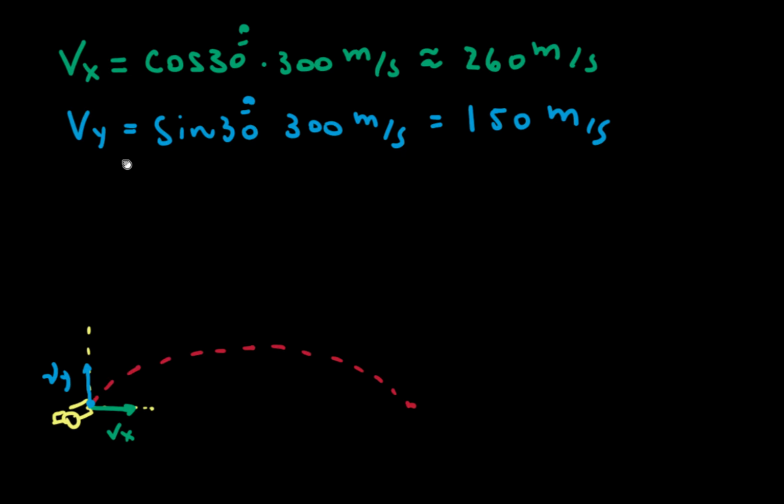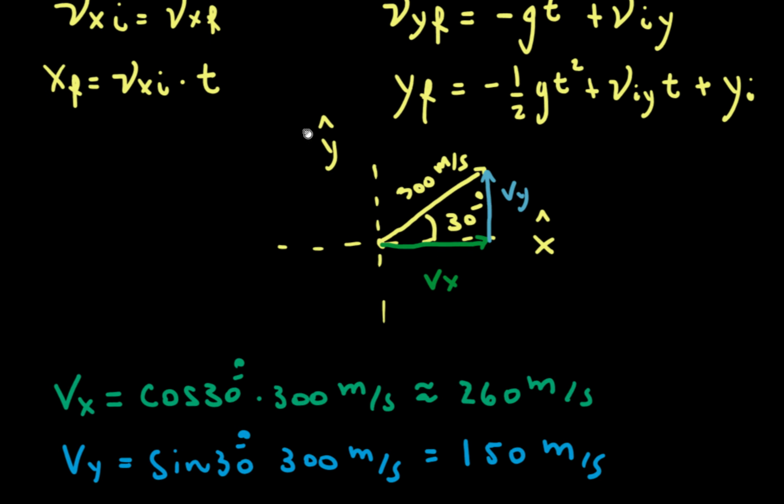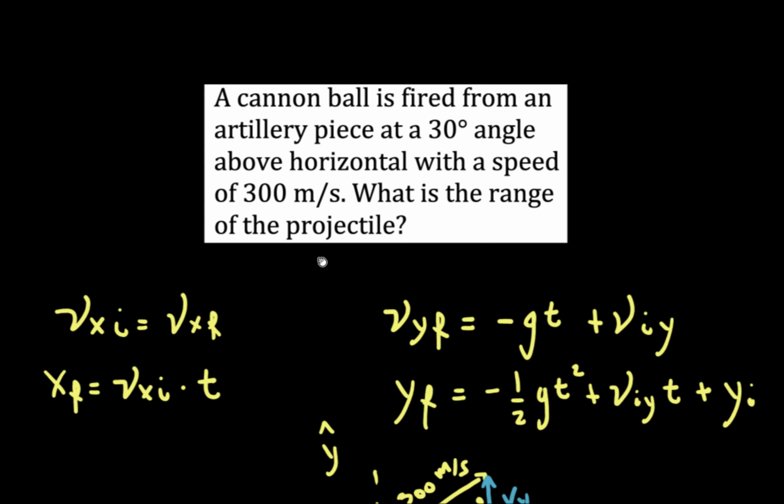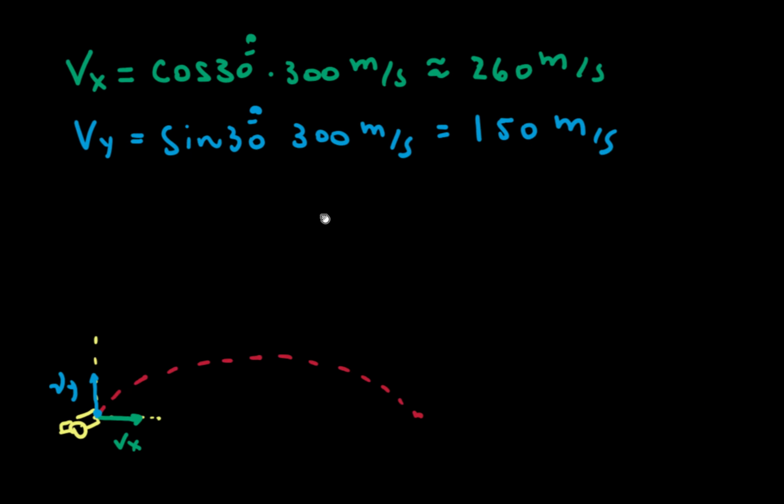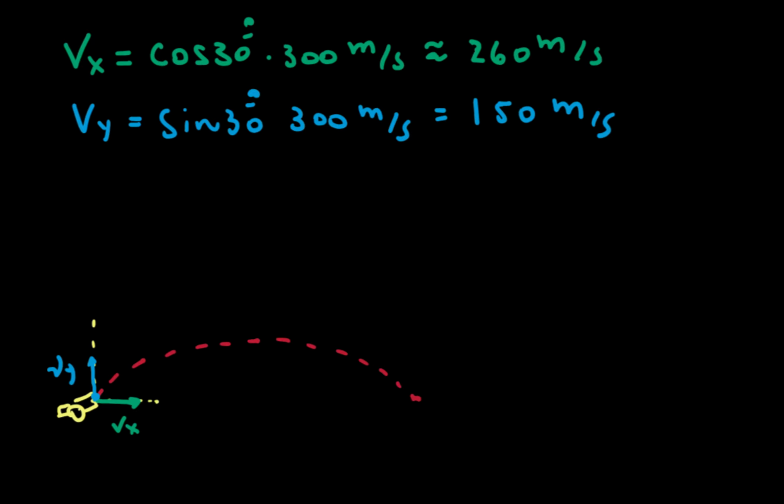Now we want to figure out what is the range of this projectile. Just so that you remember, I briefly mentioned what I meant by range. Let's assume the height of the projectile is negligible, but the range is basically the x position when this projectile returns to the original height.